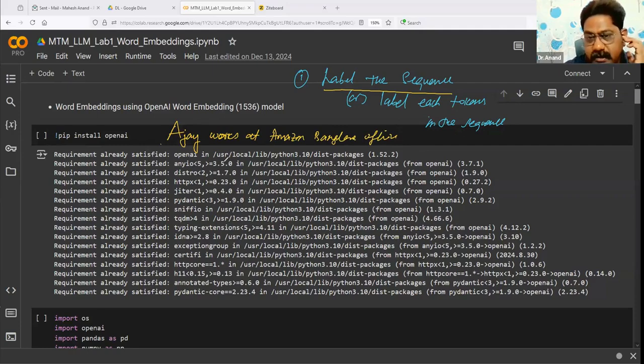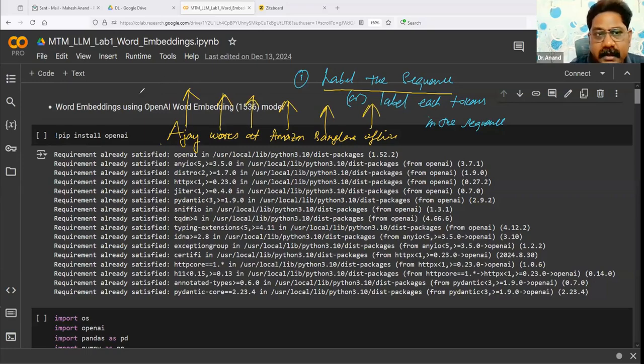As you mentioned, in POS tagging or named entity recognition, what I'm supposed to do is label each and every token. Whether Ajay is the name of a person, works is a verb. In an English sentence we have prepositions, conjunctions, adverbs, a lot of things.